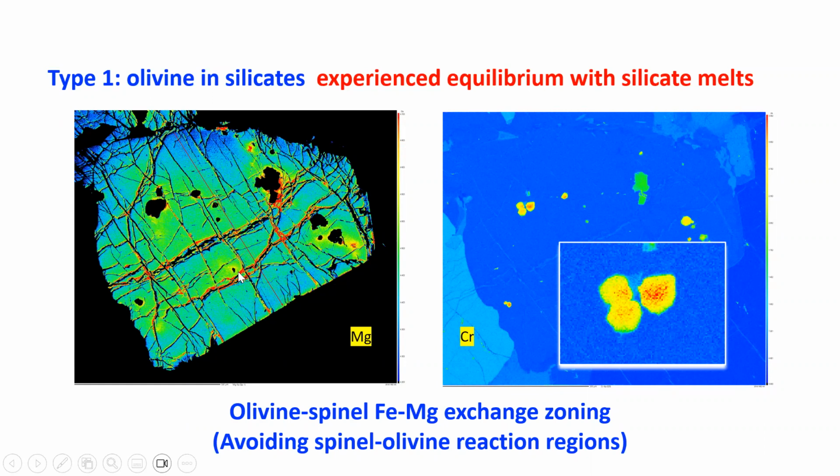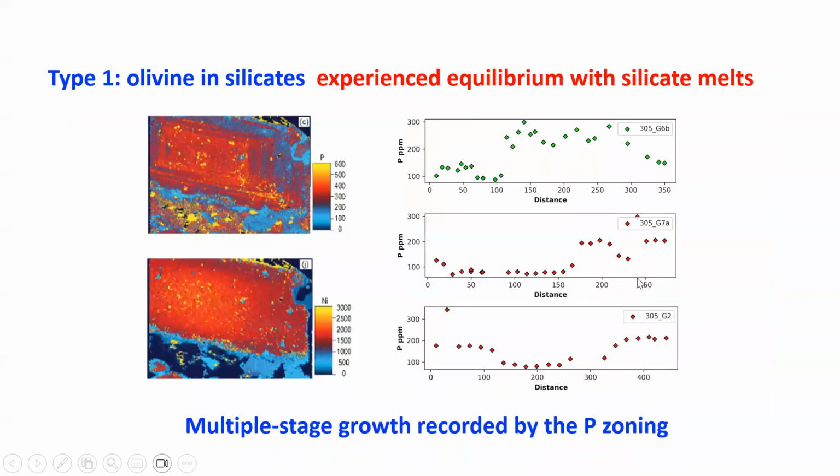For the diffusion profile analysis later, I will avoid those spinels, because there is exchange between these phases, and I want to focus on the diffusion of the different zones in the olivine and the diffusion between olivine and the outward melt. We can also see some small common zoning here.